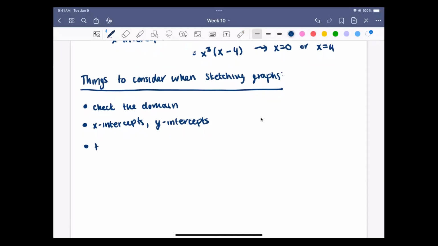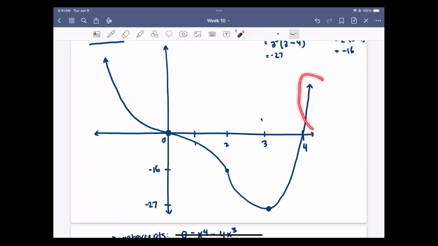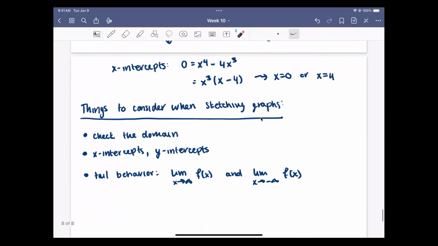So the tail behavior: the limit as x goes to infinity of f of x and the limit as x goes to negative infinity of f of x. This information will just help you in your picture determine what is going on to the left and the right of your graph.